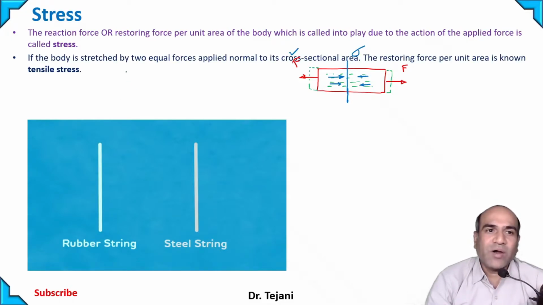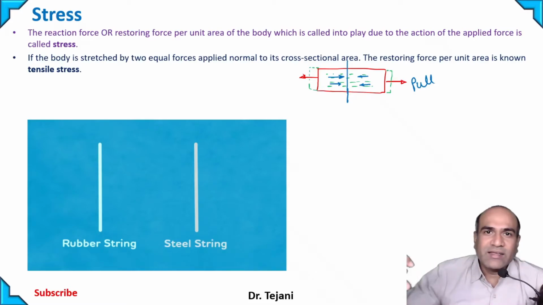So here, if the body is stretched by two equal and opposite forces normal to its cross-sectional area, the restoring force per unit area is known as tensile stress. If we apply two pull forces on both sides, there is an increase of length.